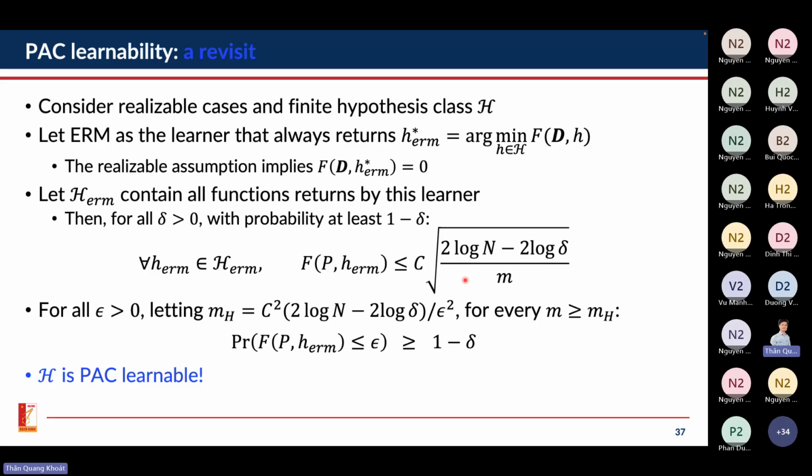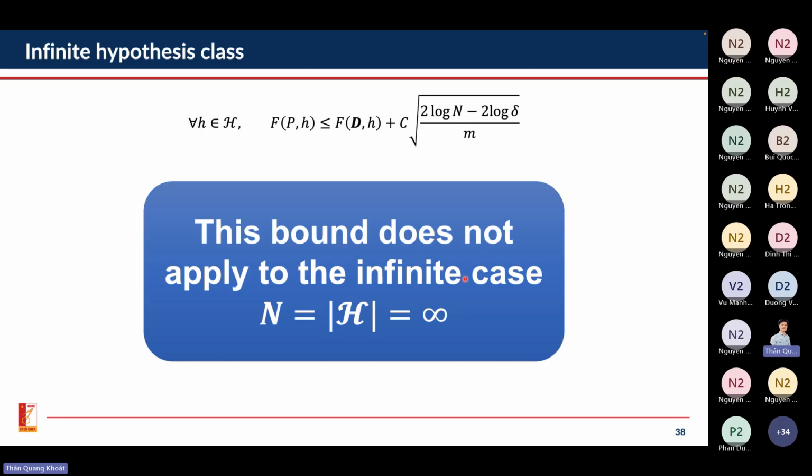But in practice, when we choose one model family, it can contain an infinite number of members, right? For example, if we choose a linear model, it already contains an infinite number of members. So in that case, we cannot apply the result before, because here should be infinite. So this bound should be useless, right?